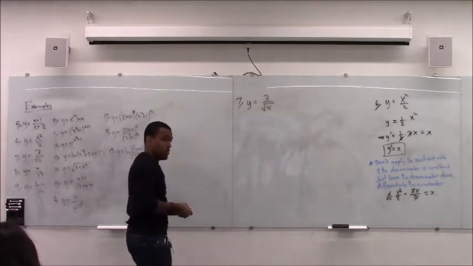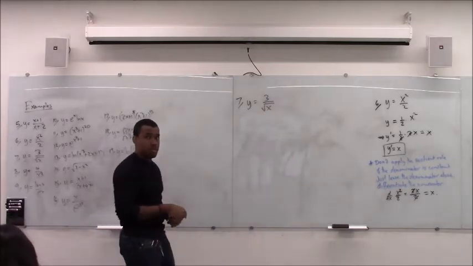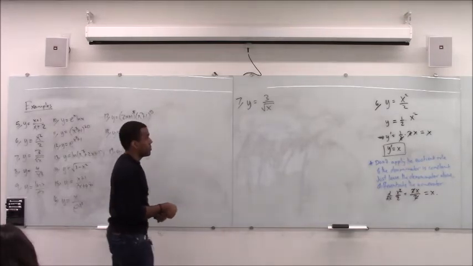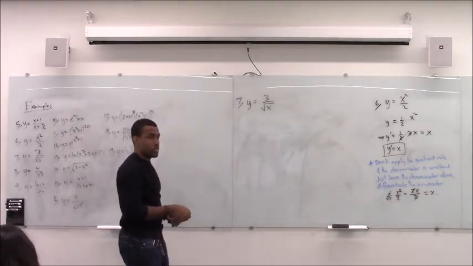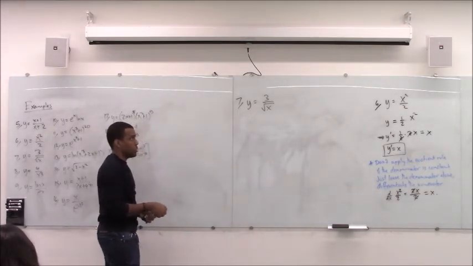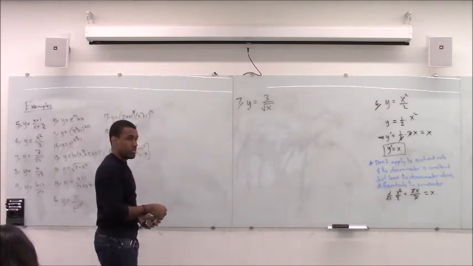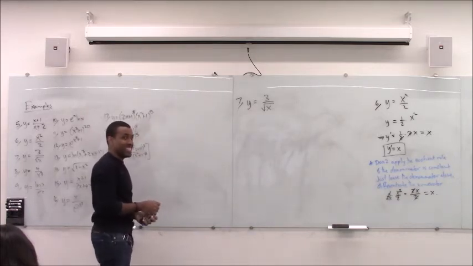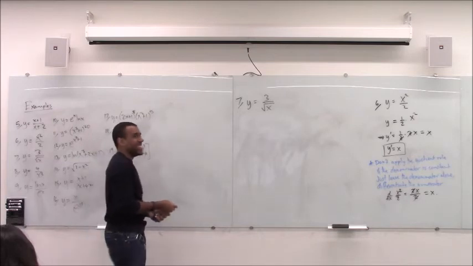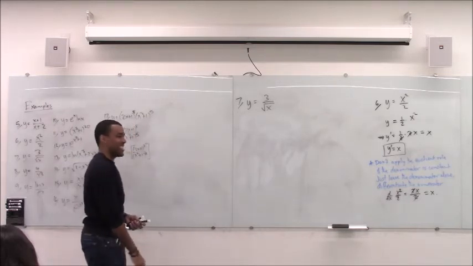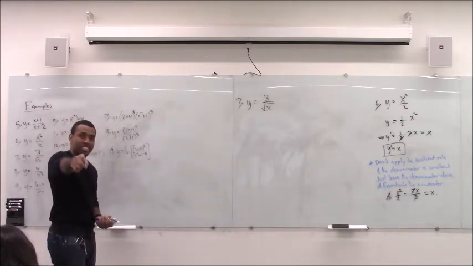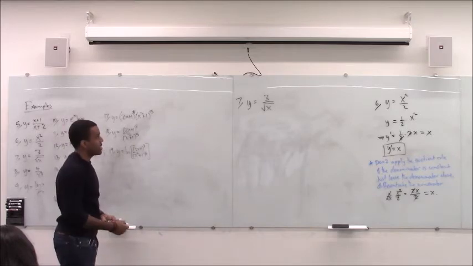How'd you do that one? Did you do the quotient? No. You're just saying that because I did this all day. Okay, this is another, yeah. It's 3 x to the negative 1/2.